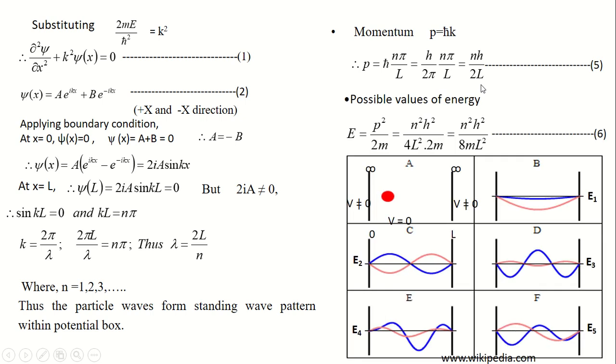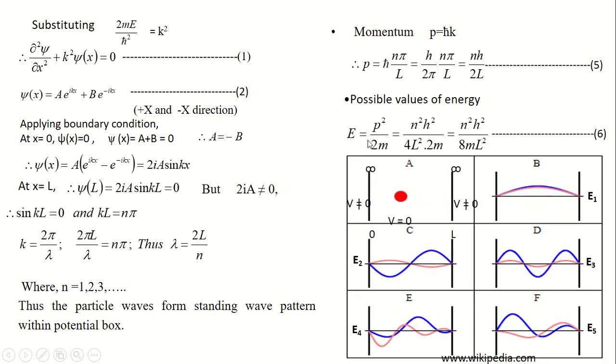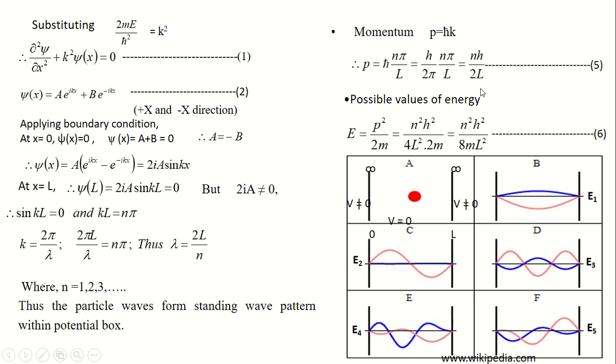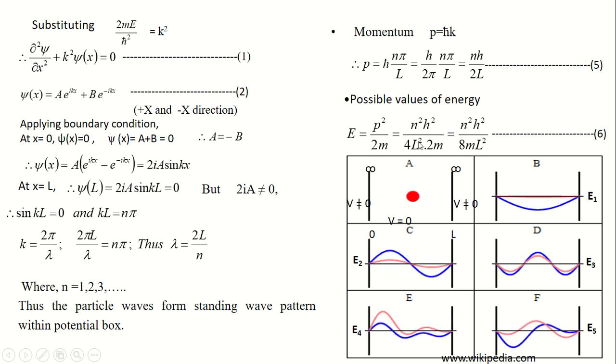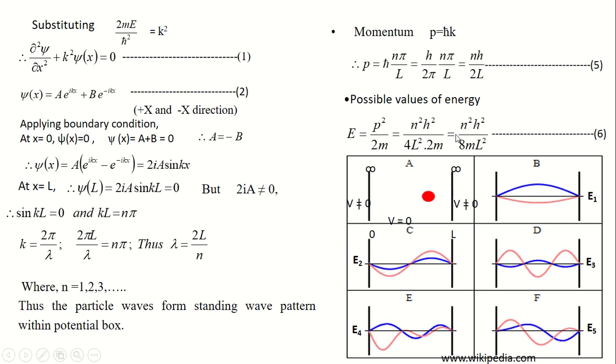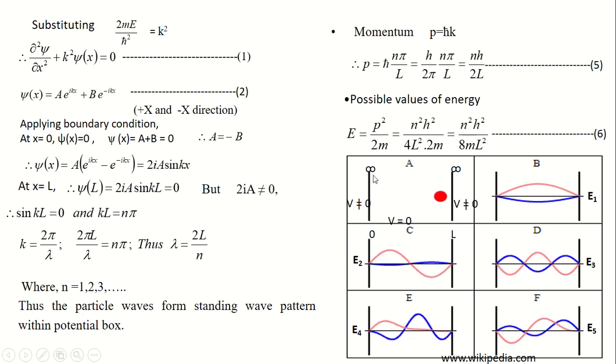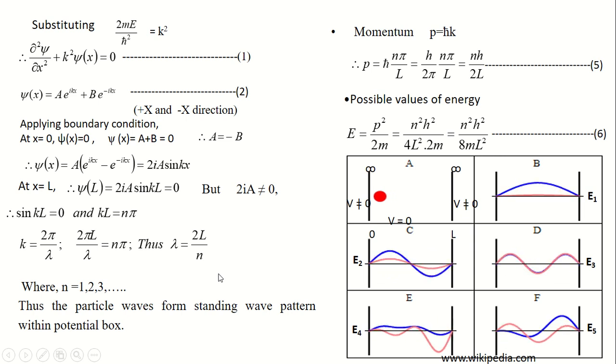Energy E is equal to p square upon 2m. p square is nh upon 2L whole square, that is n square h square upon 4L square into 2m. So the final energy equation is n square h square upon 8mL square. n is again 1, 2, 3, 4 and so on.